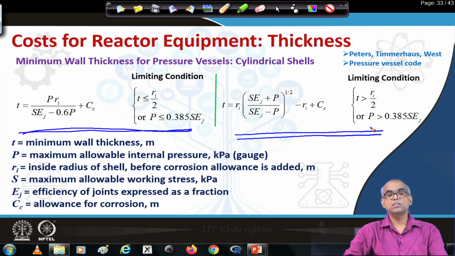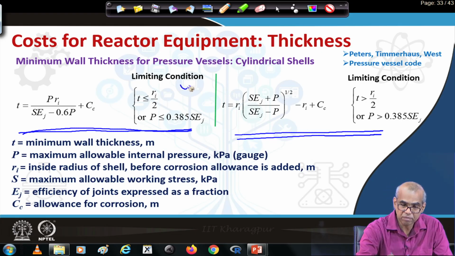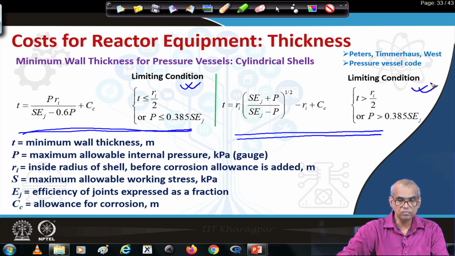Note, these equations are applicable for these given limiting conditions. So, you can also look at design books, particularly books for mechanical design, to obtain such expressions for minimum wall thickness.